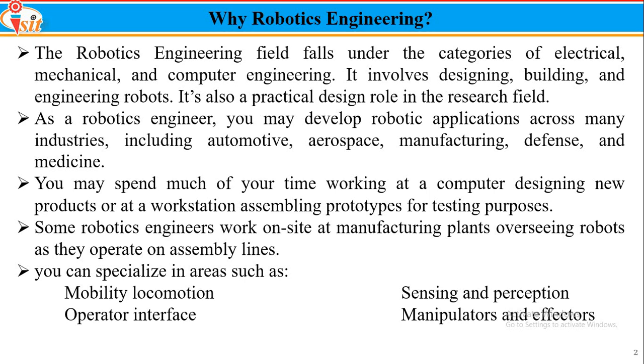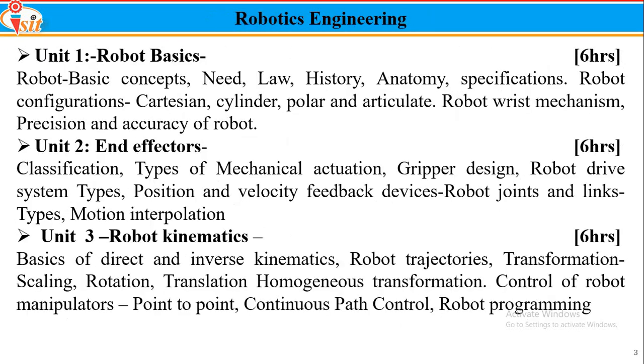Manipulation and effectors are especially for mechanical engineering, and programming a robot is especially for computer science and engineering. So if you go through this content, you will know that robotic engineering is not limited to one particular branch. It is a blend of these 4 to 5 branches.